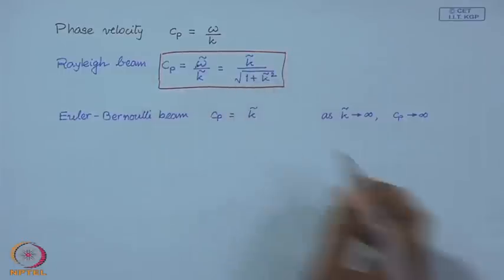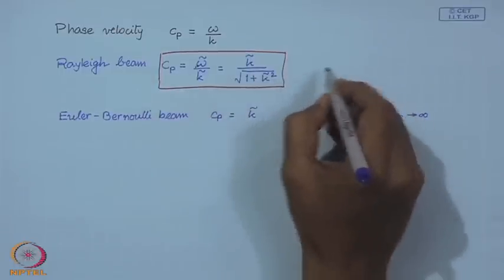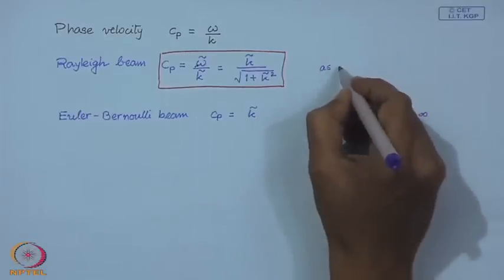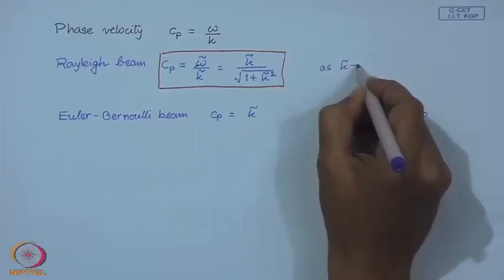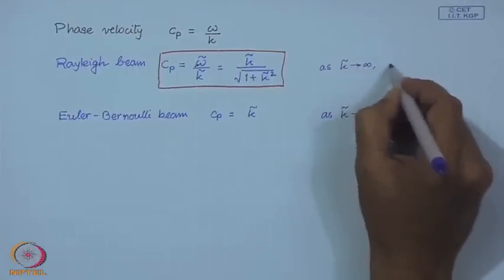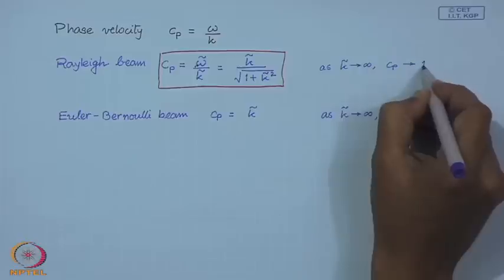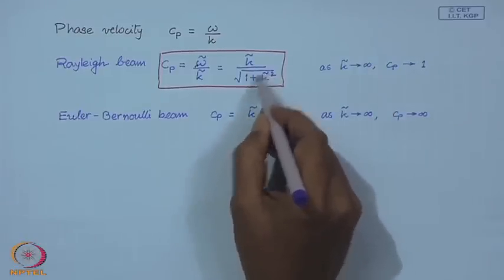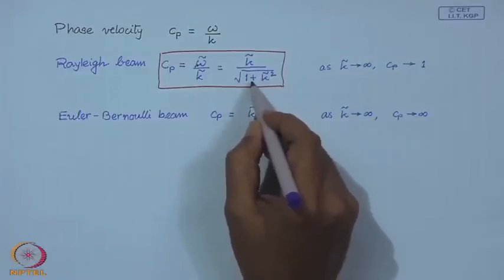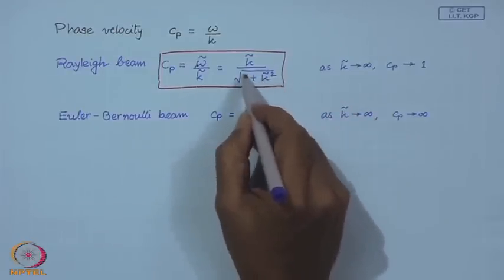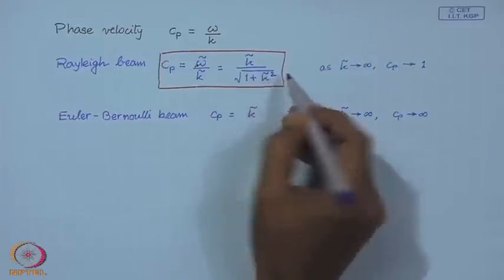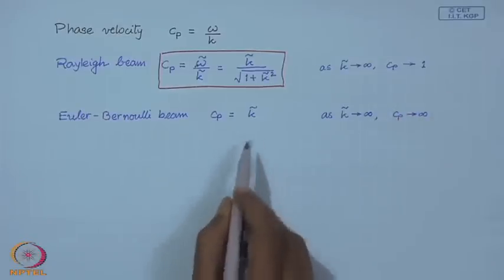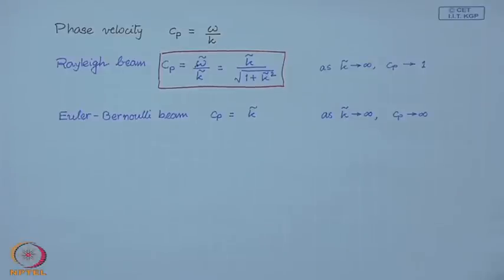But if you look at the Rayleigh beam, then as k becomes very large, it is much larger compared to 1. In that case, this becomes negligible. So, it is under root k tilde square. So, this becomes 1. So, Cp is bounded, whereas in an Euler-Bernoulli beam it becomes unbounded. Now, this is unphysical.